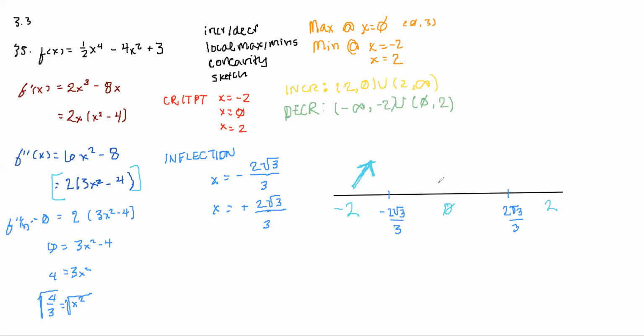At 0, it's going to be 3 times 0, so 0 minus 4, which is a negative number. And then again, 3 times 4 minus 4, which is a positive number. So, are these mins and maxes? Yes, these are not mins and maxes.